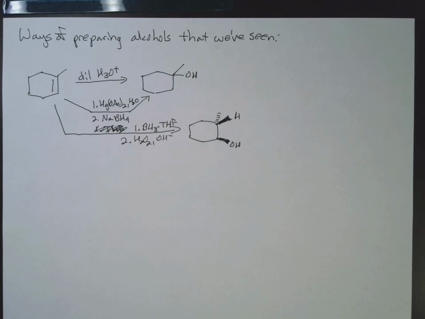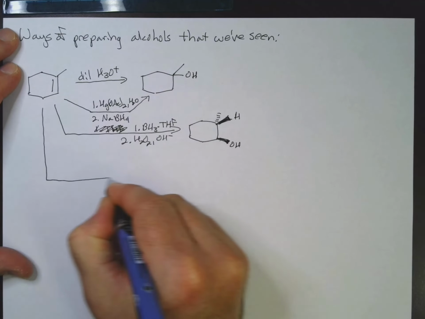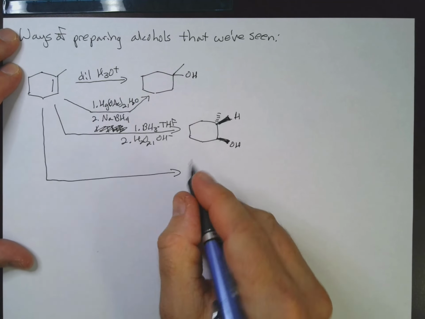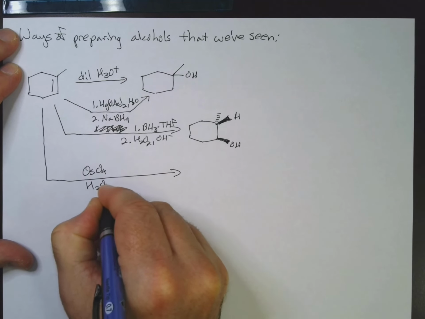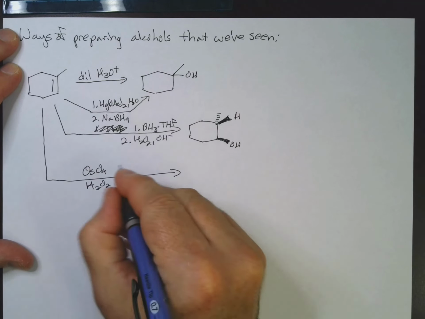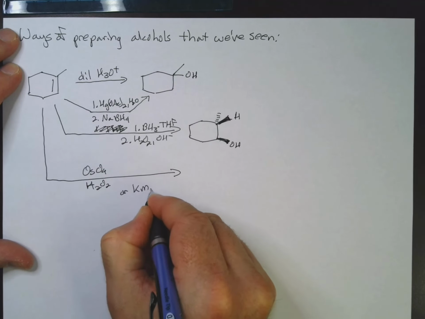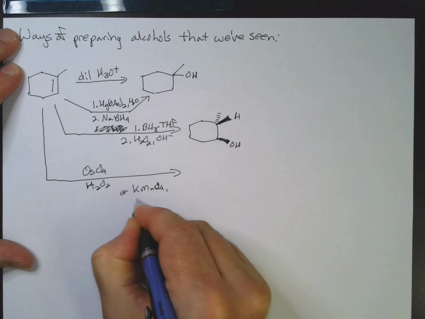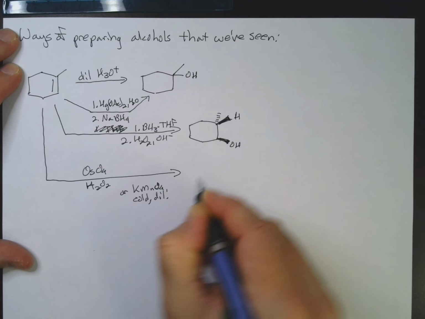We can go ahead and do a syn hydroxylation, so OsO4, H2O2, or KMnO4, cold and dilute.